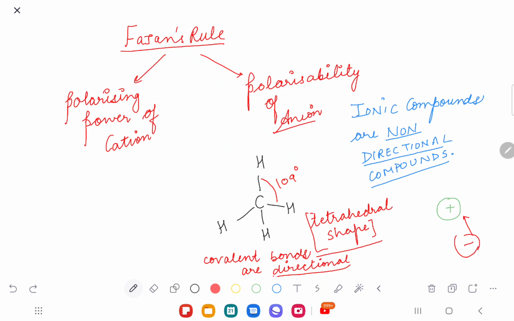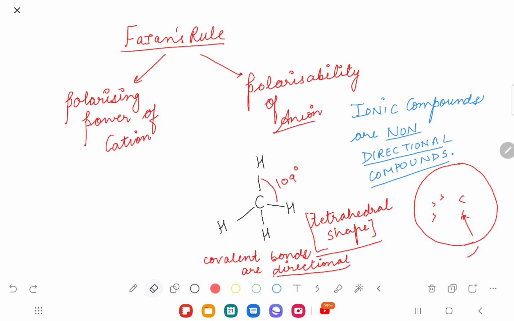That is what we have in ionic compounds: it is a mere force of attraction. No matter from where, the entire 360 degrees of space is available for the anions or cations to approach each other. So the anion could approach the cation from any direction, right, Mark? So this was one point that I had to discuss with you.